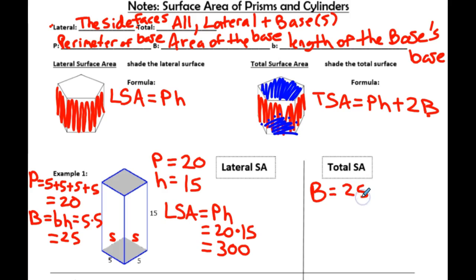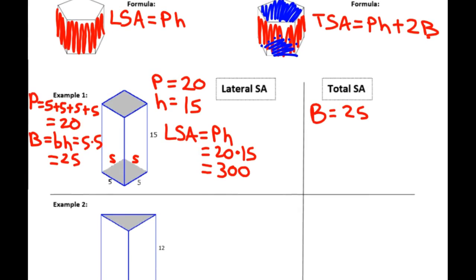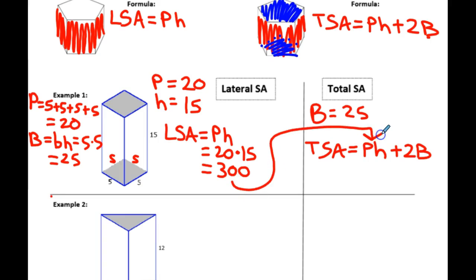I'm going to move this down. Now I can do total surface area. TSA equals PH plus 2 big B. Now, I want to show you something. We just did lateral, right? We know PH is 300. So over here, when you see PH, you know PH is 300.